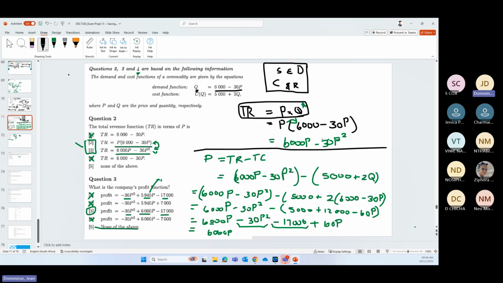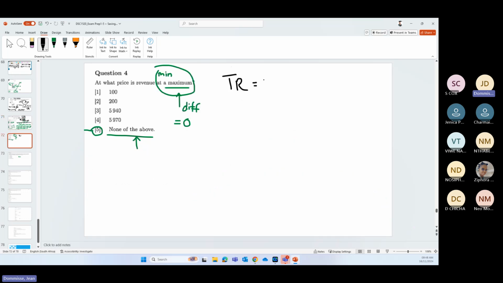So it's 6,000p minus, what was it, 30p to the power of 2. So if you take that, it is going to work out. Thank you very much.